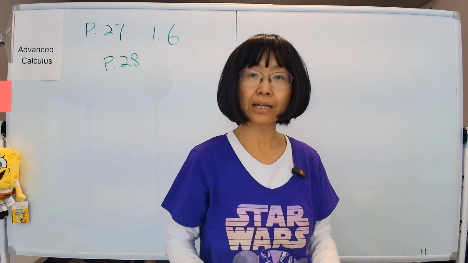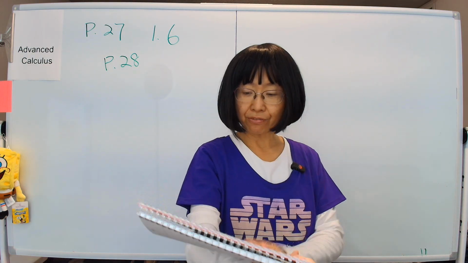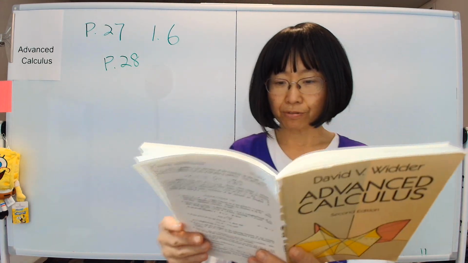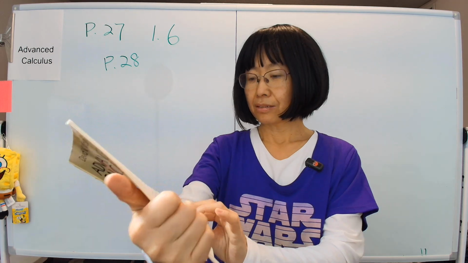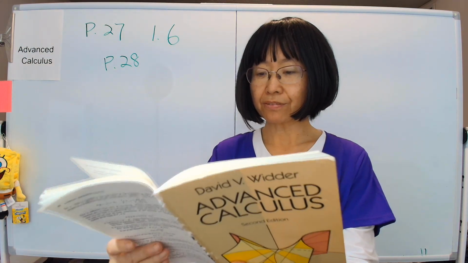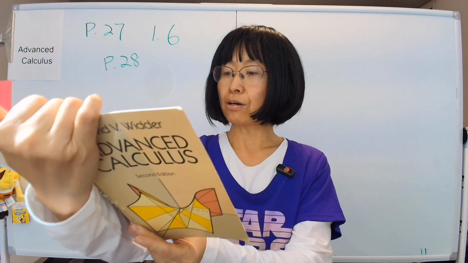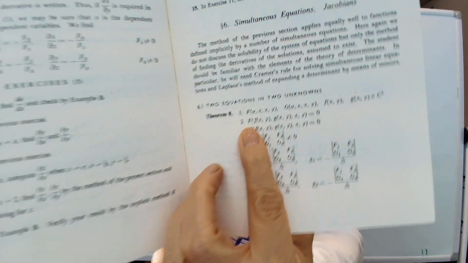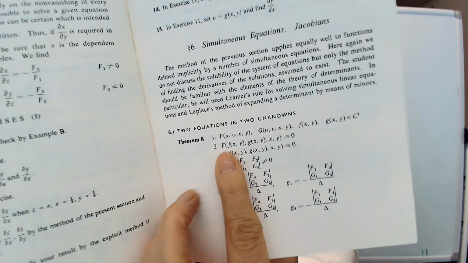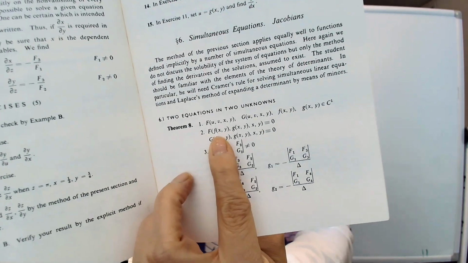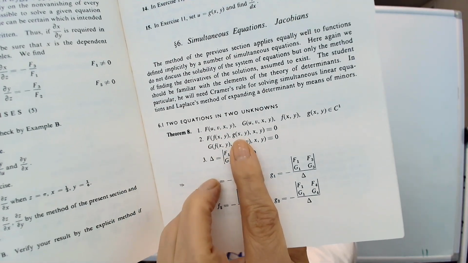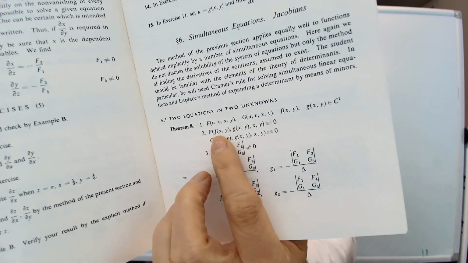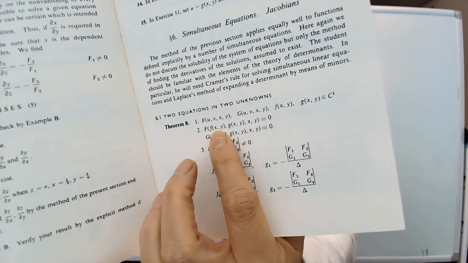Now remember how to take the big F. The big F assumes that everything is an independent variable. So to take the partial derivatives of the big F, big F with respect to the first variable, that is the same as F1, is big F with respect to U. And then F2 is big F with respect to V. Now in this case, we have to apply the chain rule because U got replaced with F of x, y.